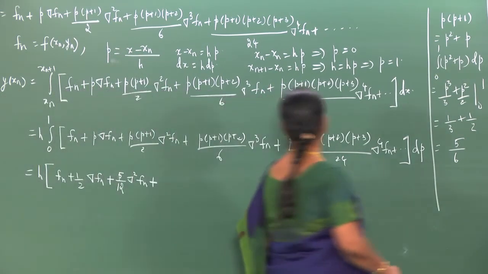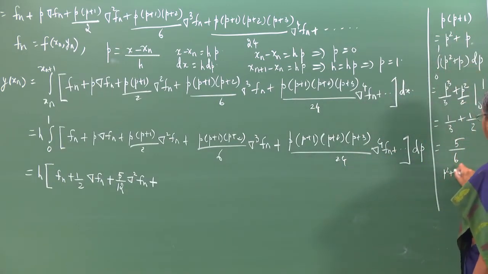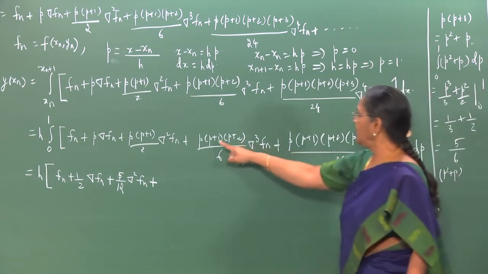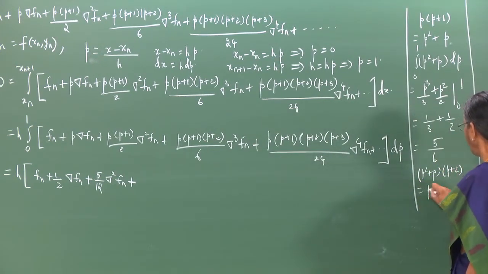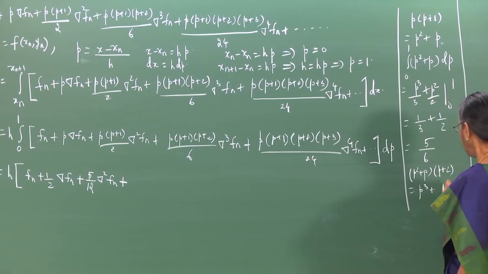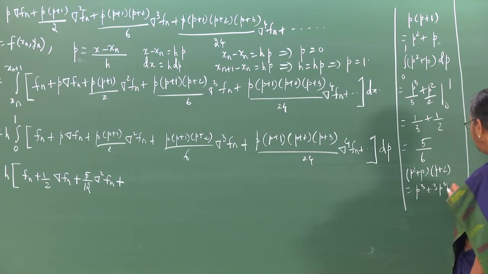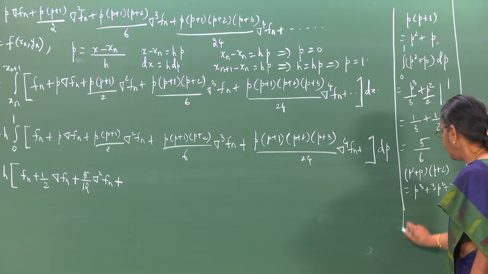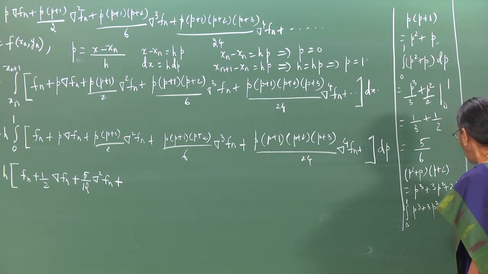Then the next term p into p plus 1 is p square plus p, and that has to be multiplied by p plus 2. So, that will give you p cubed plus p square plus 2p square. So, this will become p cubed plus 3p square plus 2p. So, I have to integrate this between 0 and 1 with respect to p.